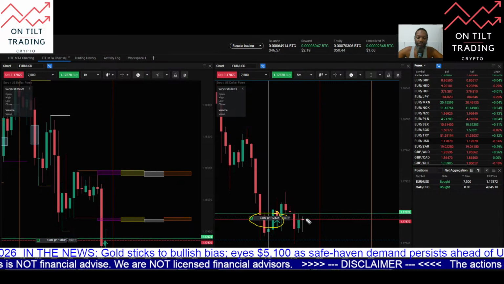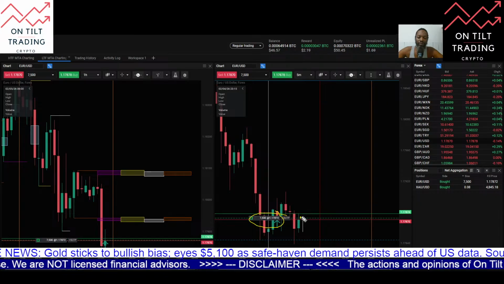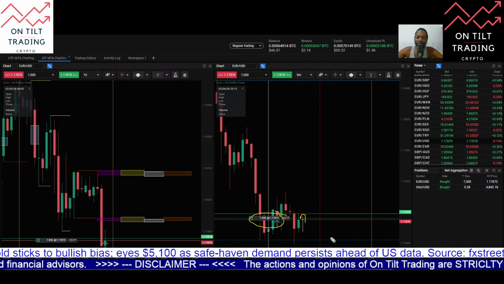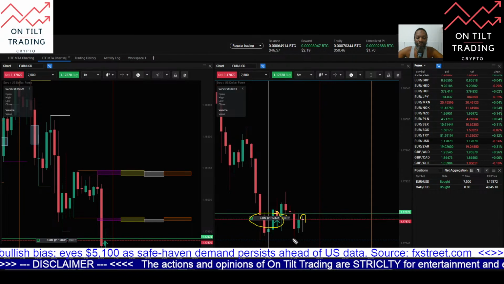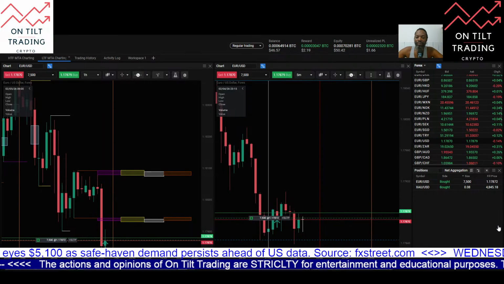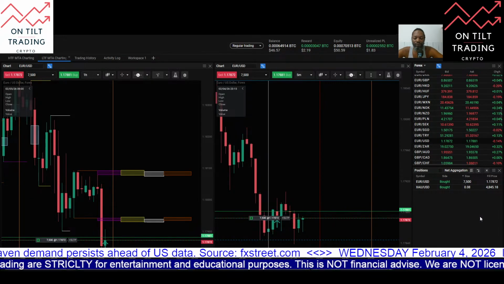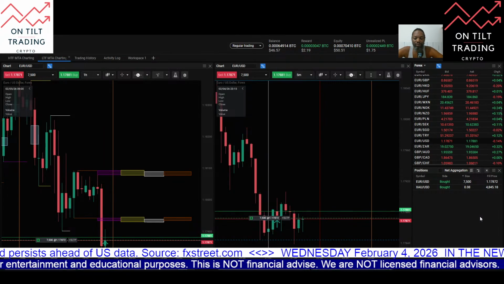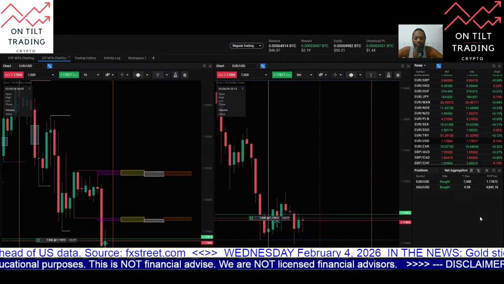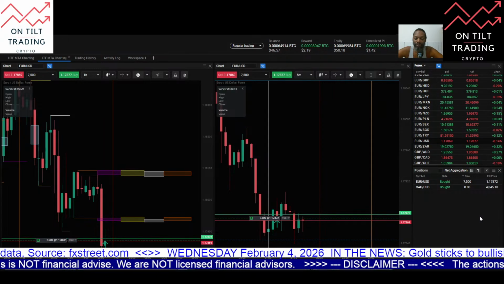So ideally I want to see a body candle close of at least 1.17873 here. And to me that would be an indication of price wanting to deliver further to the buy side, trading or price action trading above the bullish order block after a retest.